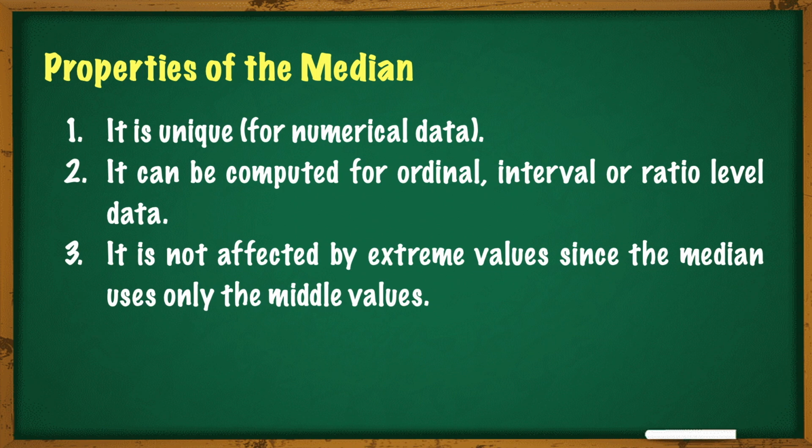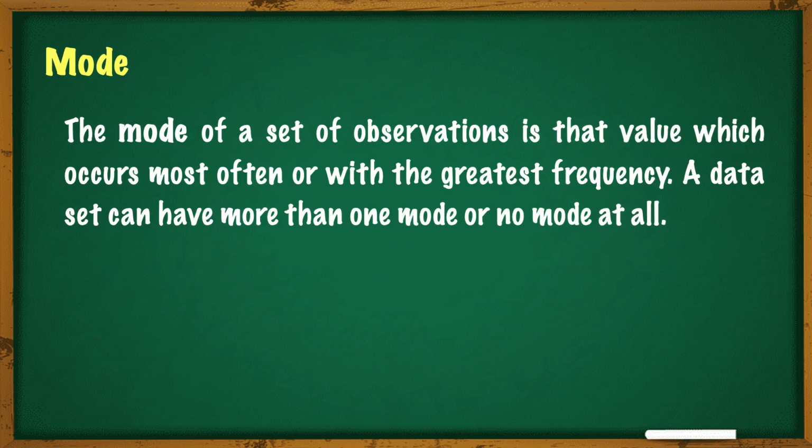extreme values. In addition to the mean and the median, another measure of central tendency or location is the mode, which is the value or values that occur the most number of times, or the value or values with the greatest frequency. So a data set can have more than one mode or no mode at all.